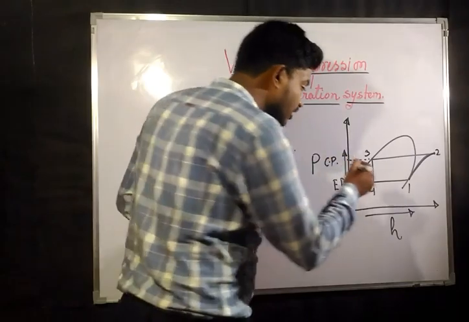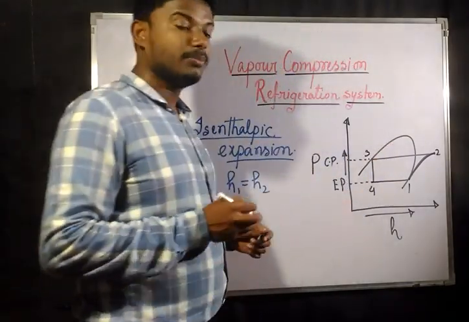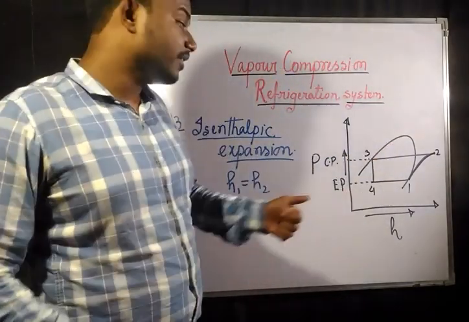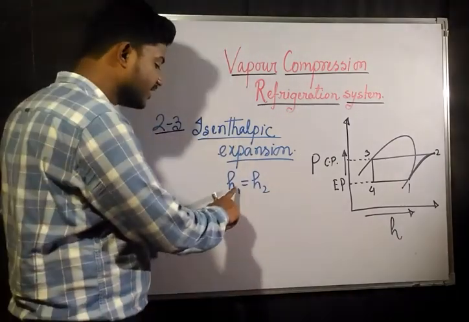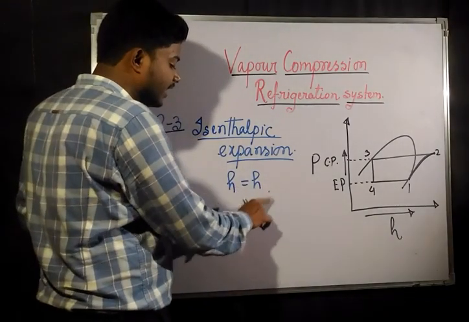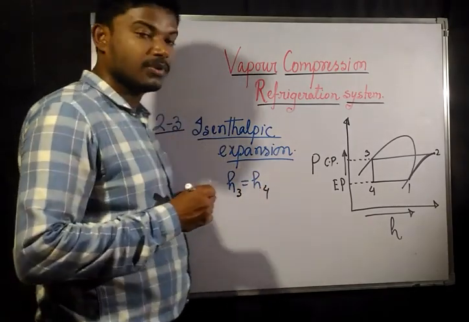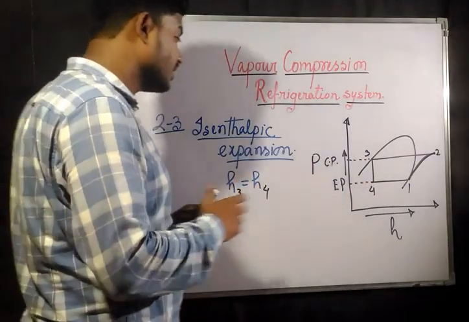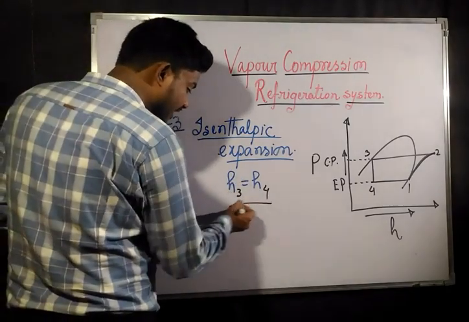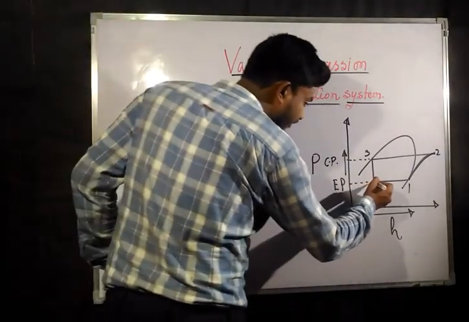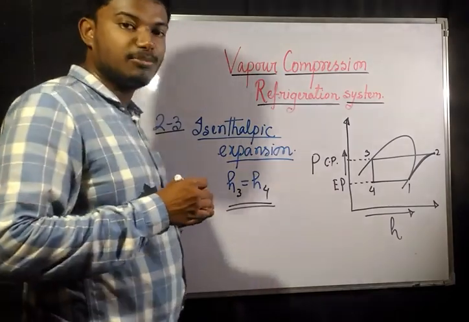That means all the properties for state 4 we are going to find by using this relation. This is the general formula, but for this case H3 is equal to H4. This is needed so that we can find the dryness fraction at this point.